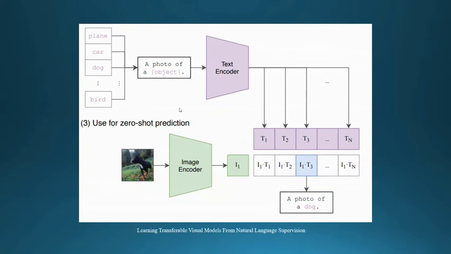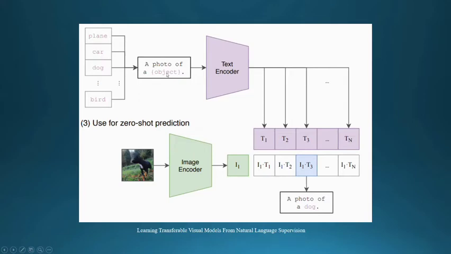Here is the second part of the model, doing zero shot prediction. Zero shot prediction means that without any further training, we feed in the image and do classification. Here we have a dog and we have 10 possible classes. Another thing I should mention is that they didn't use labels like plane, car, dog.